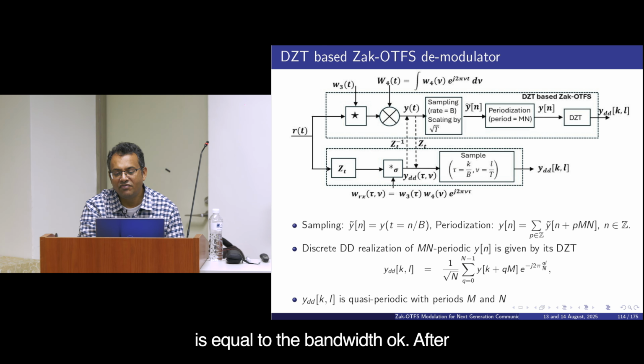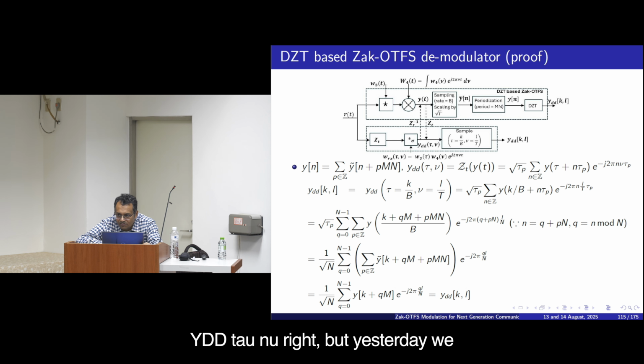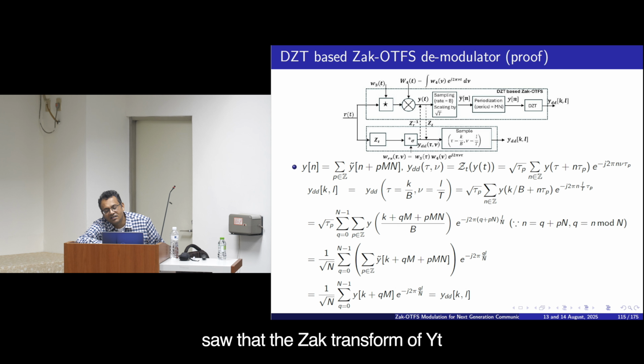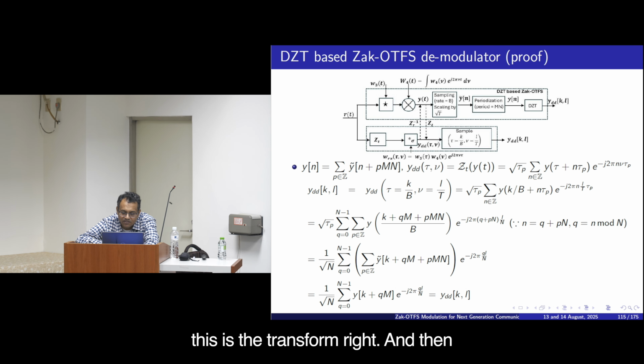So, let us start with the sampling operation. What is y_dd(tau, nu)? y_dd(tau, nu) is the Zak transform of y(t). You have y(t), you take the Zak transform, you go to y_dd(tau, nu). Yesterday we saw that the Zak transform of y(t) is given by this basic transform.